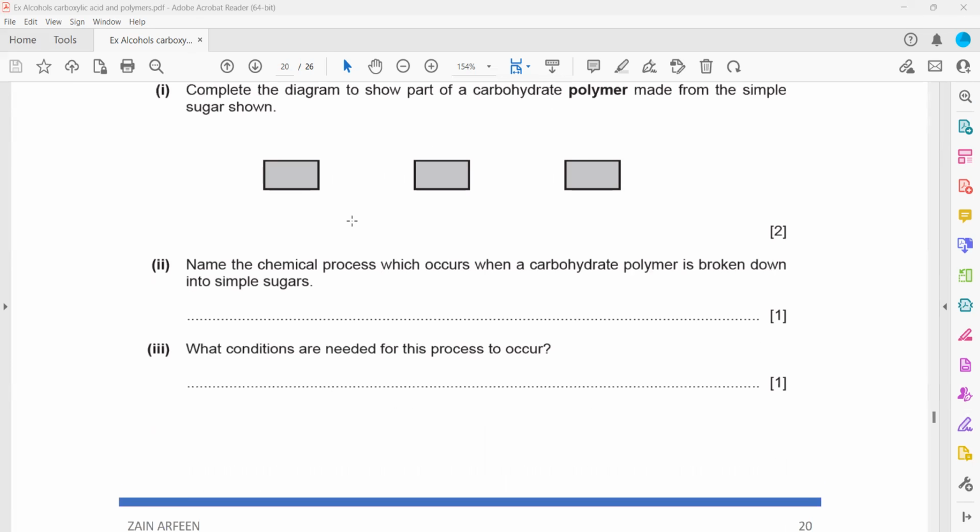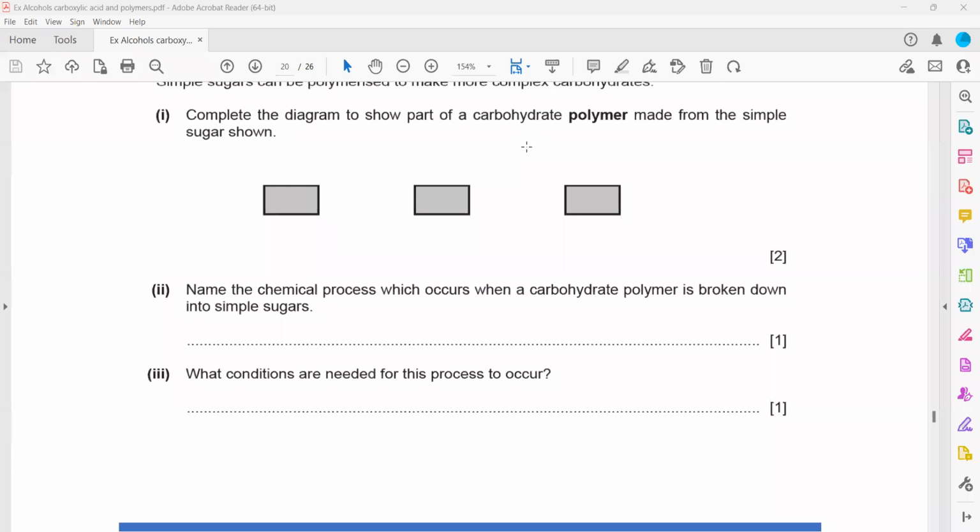Then name a chemical process which occurs when a carbohydrate polymer breaks down. Hydrolysis. So the opposite, the reverse reaction, is known as hydrolysis. That's right. Then state the condition needed for this process to occur. So usually for hydrolysis, we need heating with dilute HCl, so heat and acid we need, or we can also say enzyme.